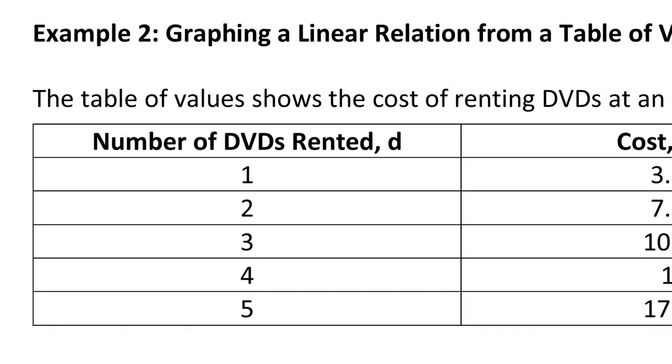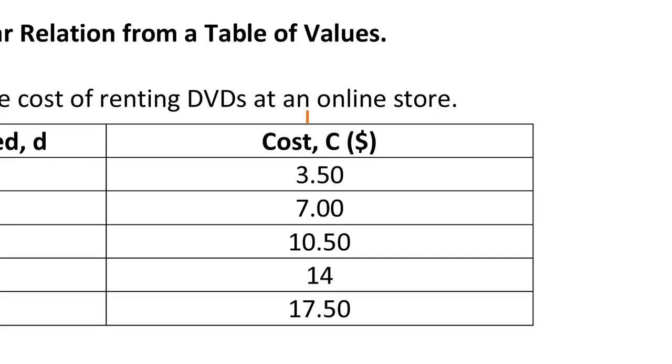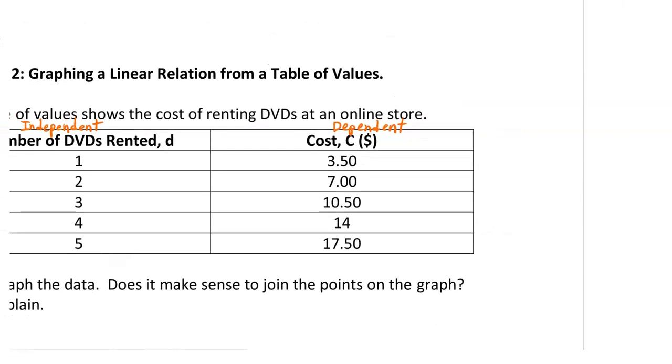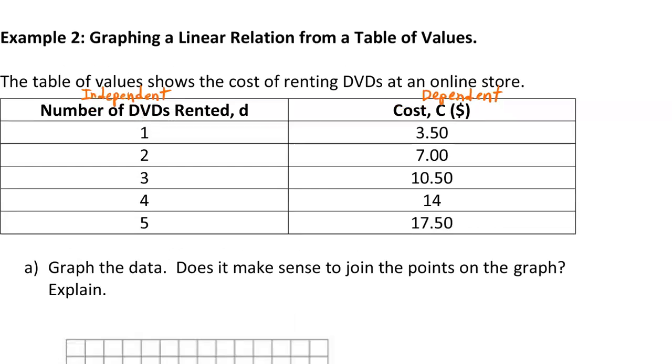Well, this is going to be our independent variable, leaving our cost to be our dependent variable. Now, the cost, so the amount you're going to pay, is all dependent on how many DVDs you're actually getting. So that's why it's called your dependent variable. It depends on how many you're actually buying.